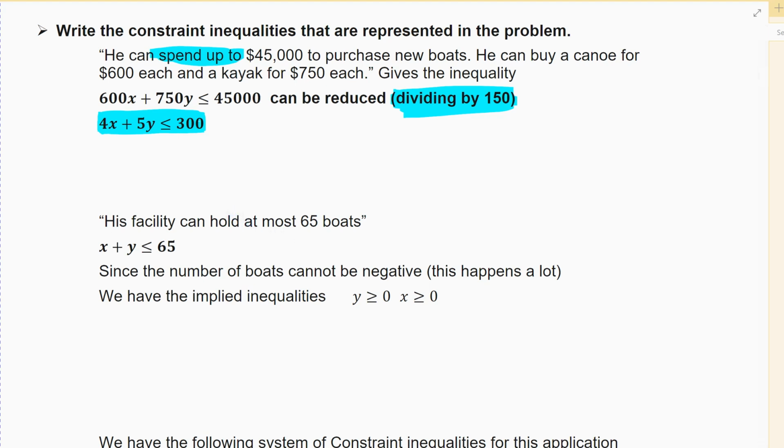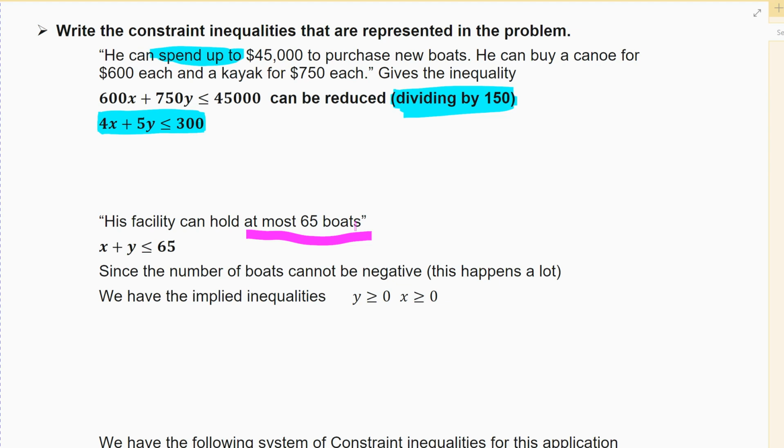The next one comes from how many boats he can use. He can only have as many boats as he can store. He doesn't want boats all over the place. There's probably some type of code that he has to follow. He can only have up to 65 boats. At most means he could have 65 boats or fewer. He doesn't have to have full capacity, but that would be the maximum.